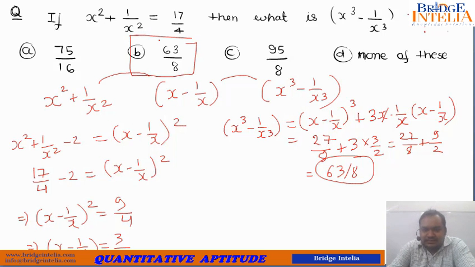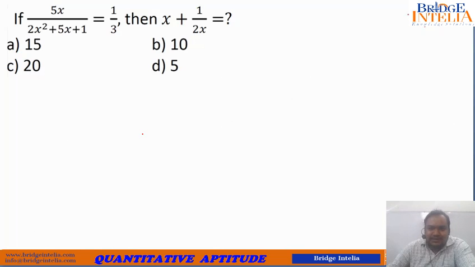Now let's move further. Again same concept. Both numerator and denominator, if you divide by x, then it is given to us that 5 divided by 2x plus 5 plus 1 by, now this time there is a catch. Here it is 1 by 2x. So we would like to create 2x.